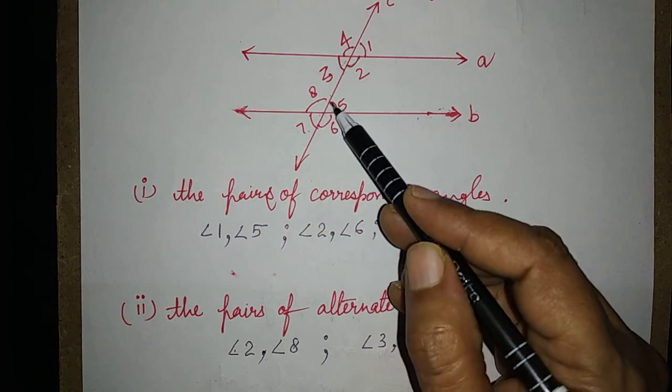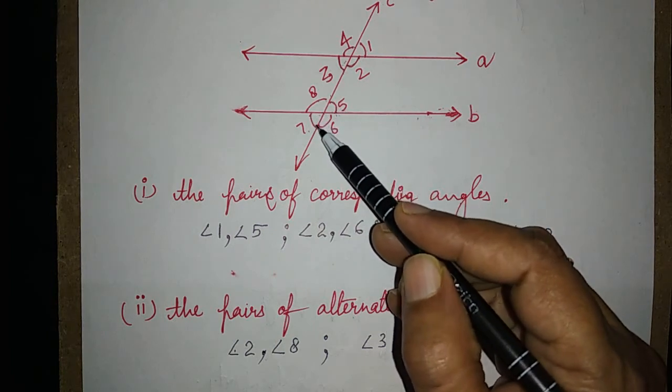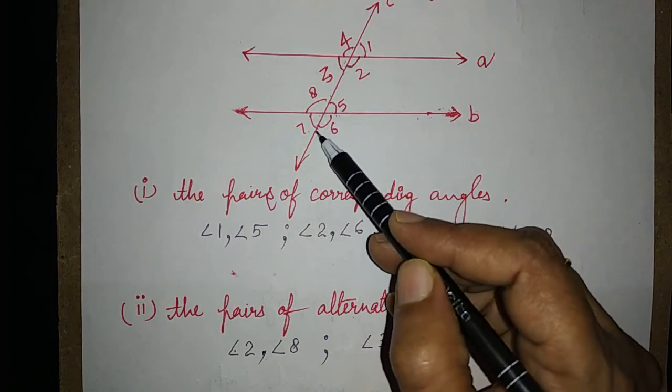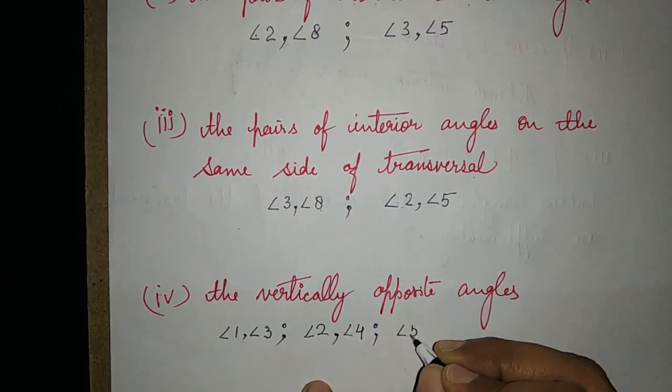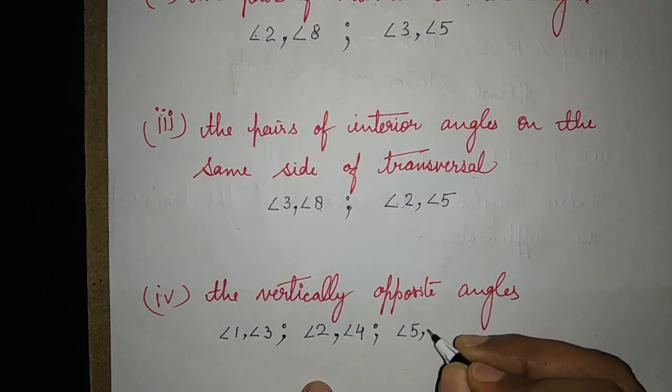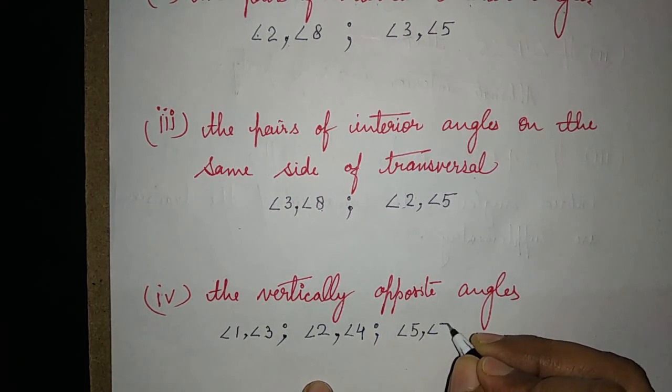So angle 5 is the vertically opposite angle of angle 7.